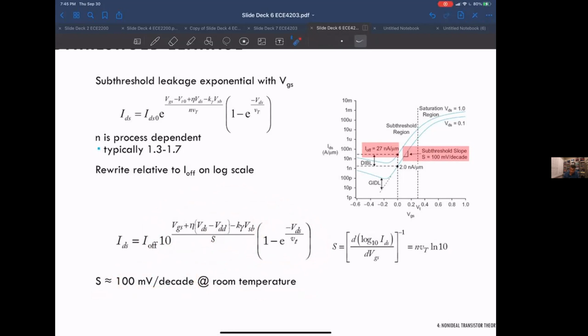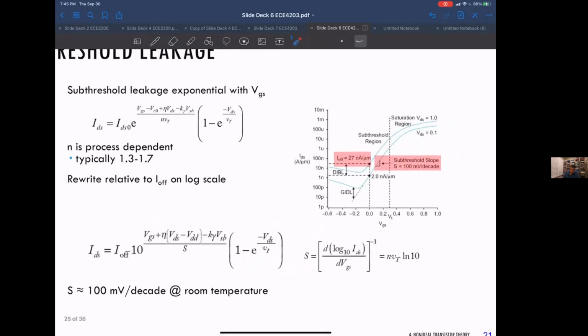What does that mean? And why is it important? A rule of thumb is that whatever your current is when you're at the threshold voltage, every 100 millivolts, it'll get divided down by 10.